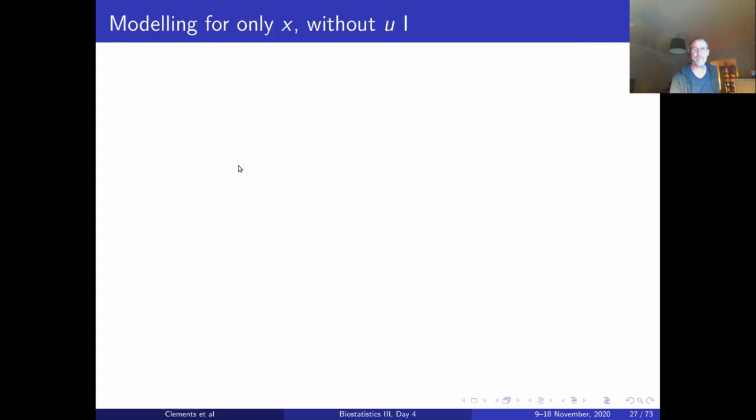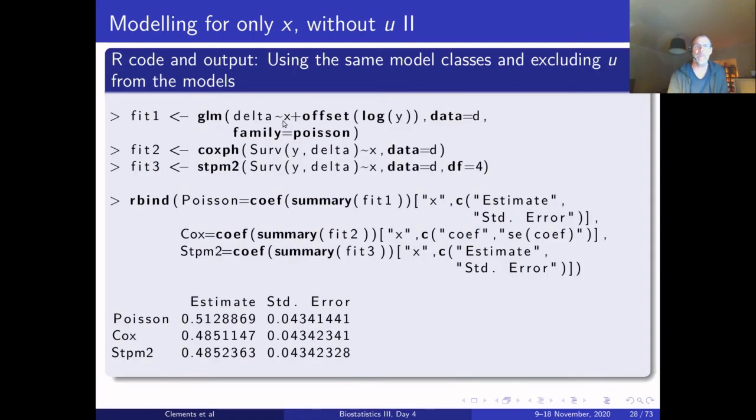Now, modeling only for X without U. Basically the code is the same here. The only difference is that we're only adjusting for X. Then we've got the same code to pull that out, and whoa, this is very, very different. These values are not approximately equal to 1. So these are quite different.